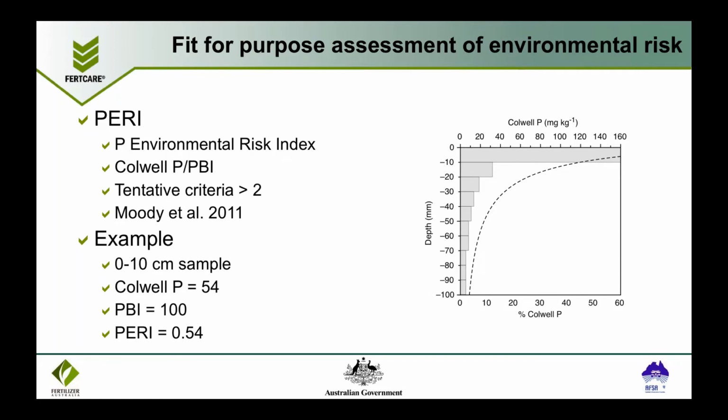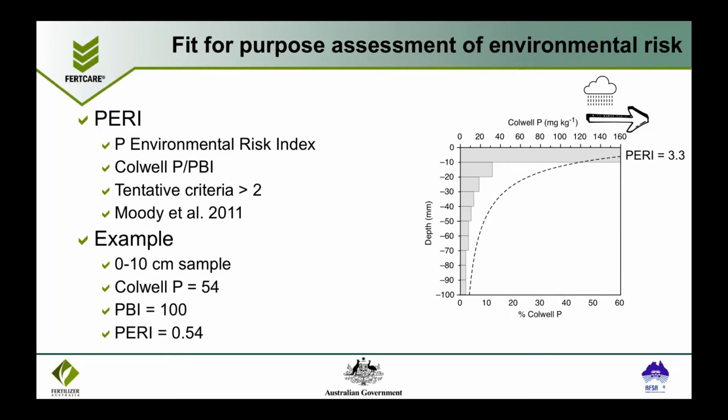But when we consider that, perhaps due to the stratification, something like 60% of that phosphorus is in the top 1 centimetre of the soil profile, and we're faced with a situation where we have rainfall and surface runoff, it might actually be a much more fit for purpose approach if we took a 0 to 1 centimetre sample to determine what our environmental risk was. And if we did that in this particular case, we might end up with a PEri value of 3.3 and actually identify this site as a risk.